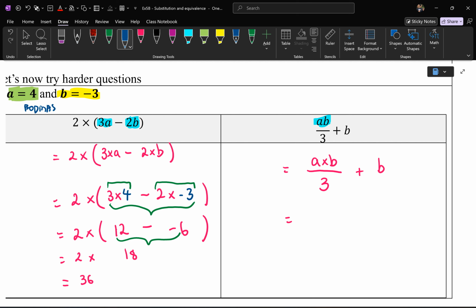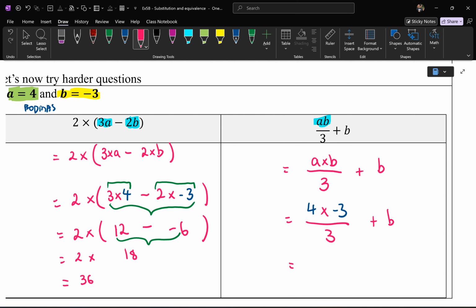A, which is 4, times B, which is negative 3, divided by 3 plus B. BODMAS, there's no brackets. So what do we do now? Which one do we do first?